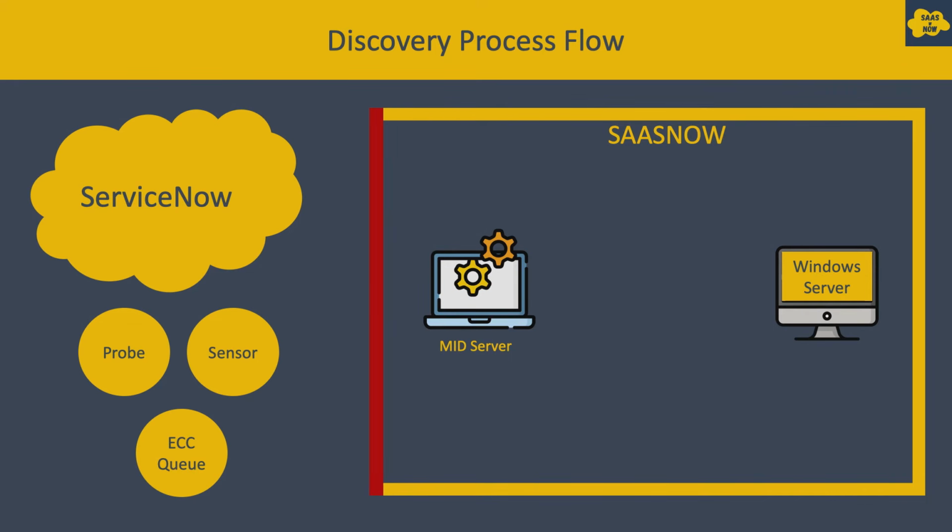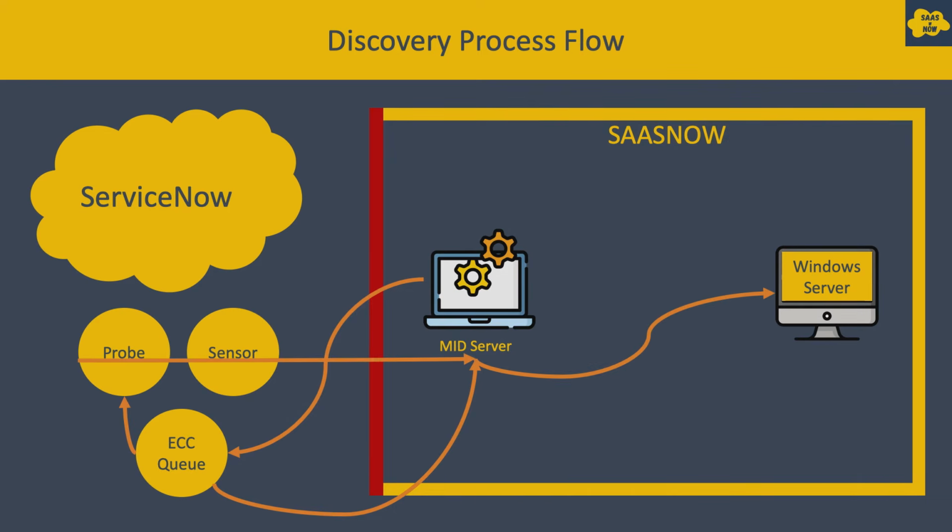There is a worker job which runs on MID server and monitors the ECC queue for new work to be performed. If there is a new record created as output with state ready, then MID server runs the probe and asks it to collect the information and return the results to ECC queue, which creates a new input record.